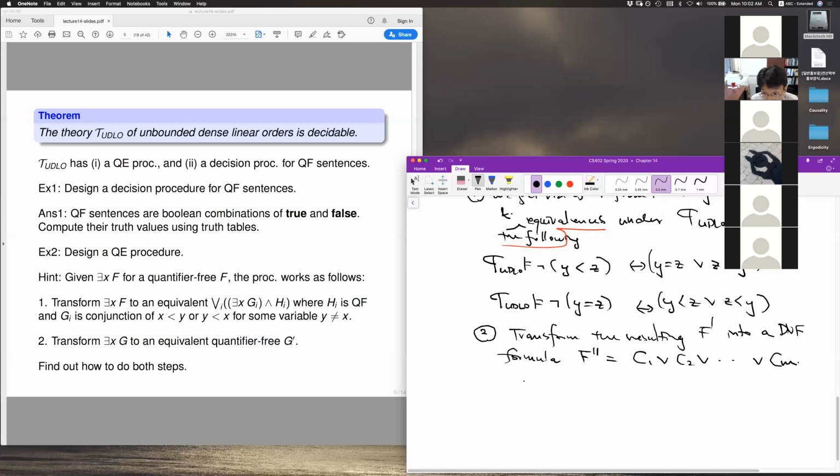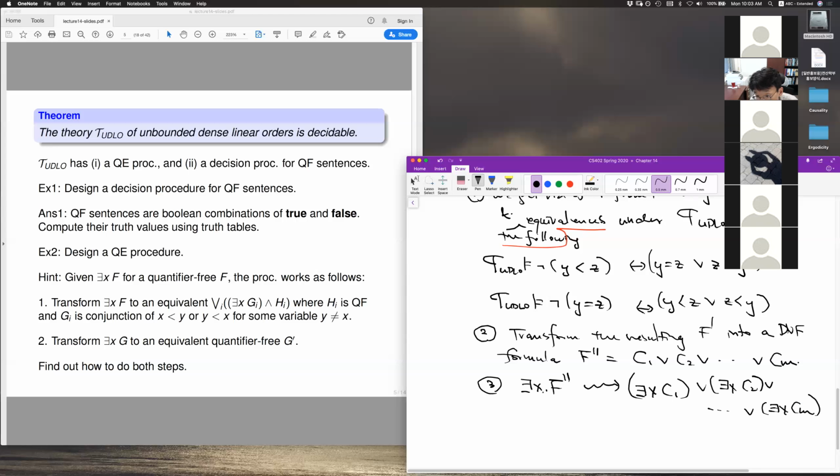We remove the negation. Then in the resulting formula, we move the existential quantification from outside of F double prime to over each of the CI. So we have exist X F double prime, which gets transformed into exist X C1 or exist X C2 or up to exist X CN.